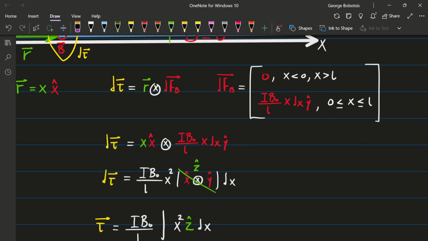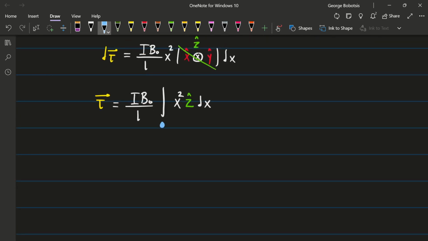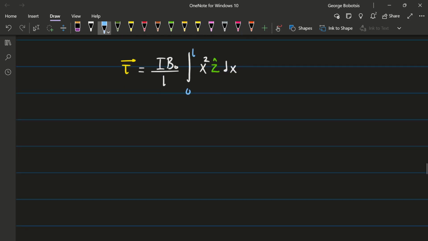From 0 to L. All right, so you walk over there, you get the result. It's going to be the total torque I B naught over L, L cubed, that's what you're going to get from the integral, over 3. And that is the last answer. That's the torque about x equals 0.